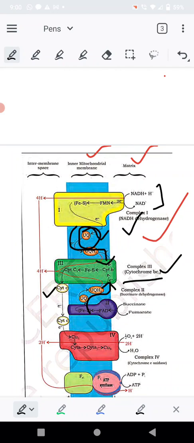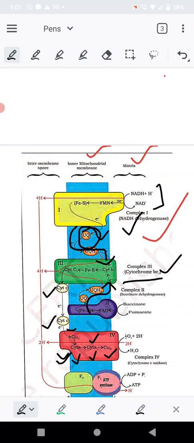Now this cytochrome C has got all the electrons coming from complex 3, and it will transfer the electrons to complex 4. Complex 4 contains cytochrome A and cytochrome A3 as well as 2 copper centers.